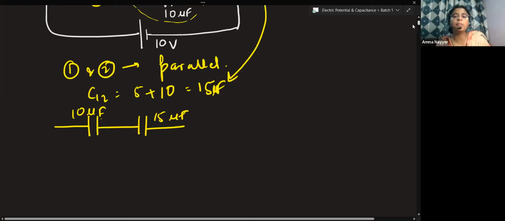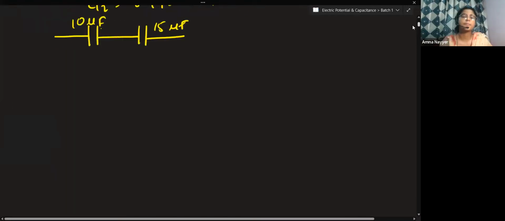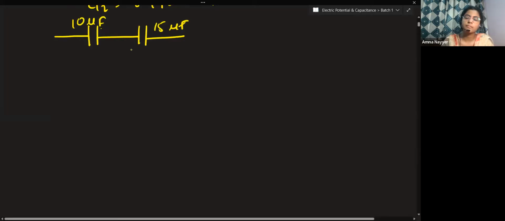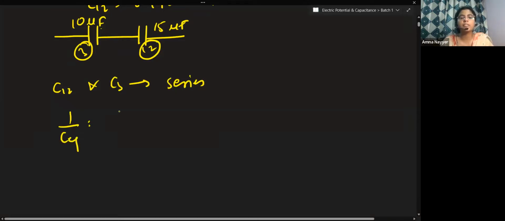Zaid, now can you tell me which combination is this? Series. So this was 3, this was 1, 2. So C12 and C3 are connected in series. So 1 by C equivalent will be given by 1 by 10 plus 1 by 15 microfarad. At the end, we'll put microfarad.